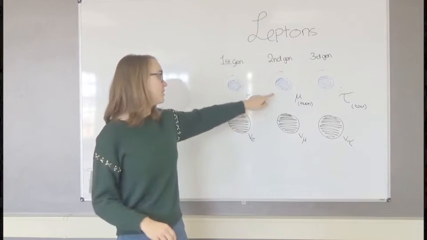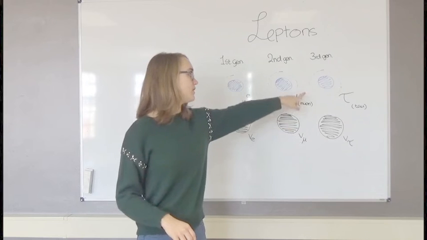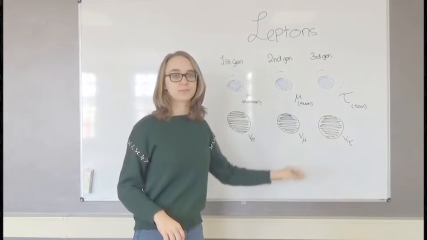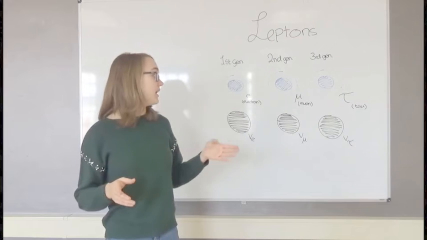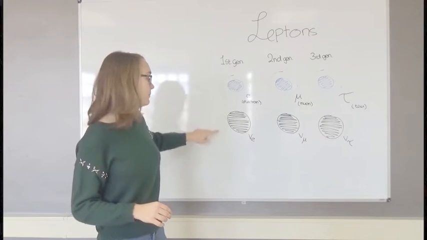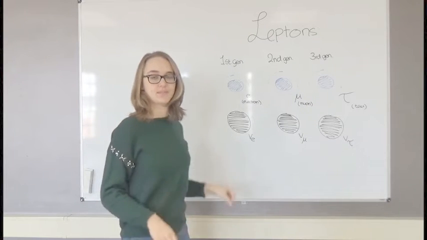Then the second generation is the muon and the muon neutrino, and the third generation has the tau and the tau neutrino. The top row here has an electric charge and a sizable mass. Then the bottom row are electrically neutral and have a small mass.